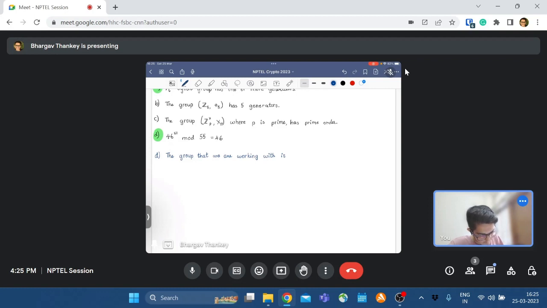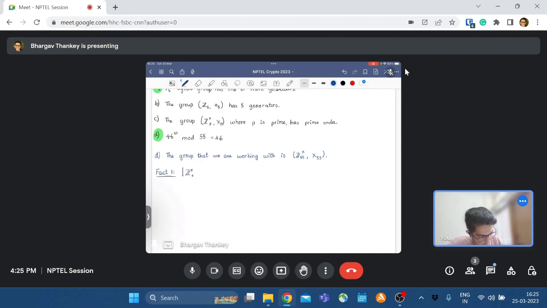That is, the group operation is multiplication mod 55, and the group contains all the elements which are co-prime to 55. Okay, so this is the group we are working with. Now here's one fact that will help us in solving this problem.